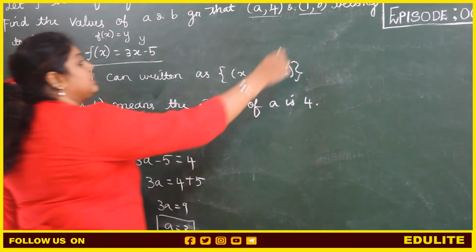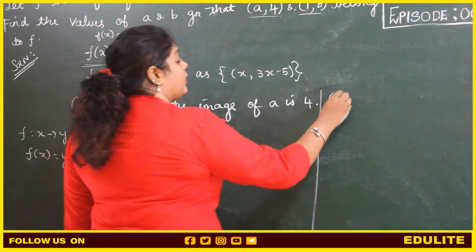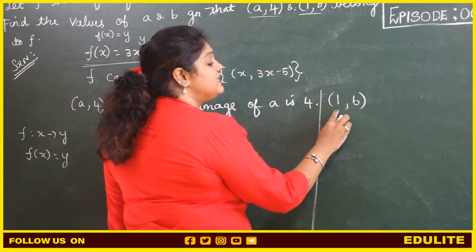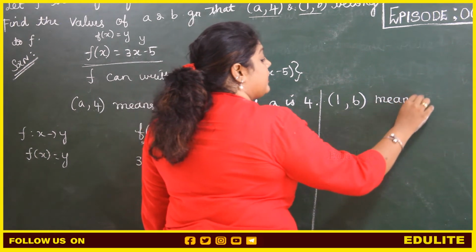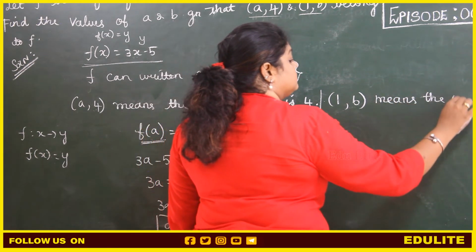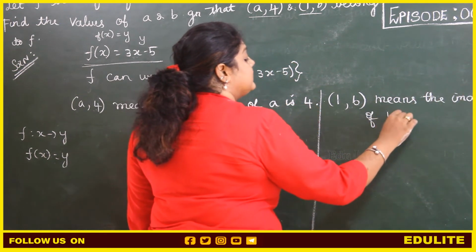Similarly, using the other pair, we can find the value of b. (1, b): what does it mean? 1 is mapped to b, which means the image of 1 is b.